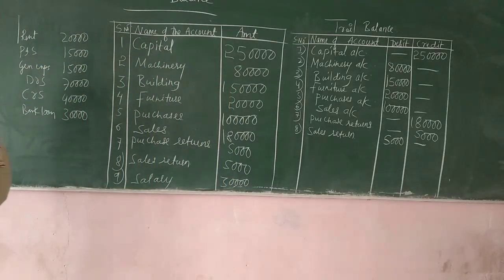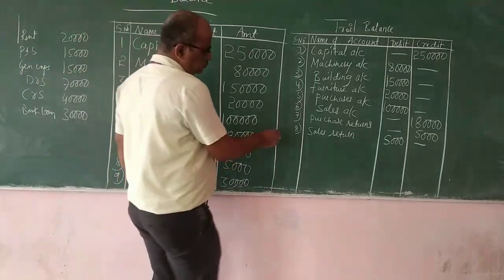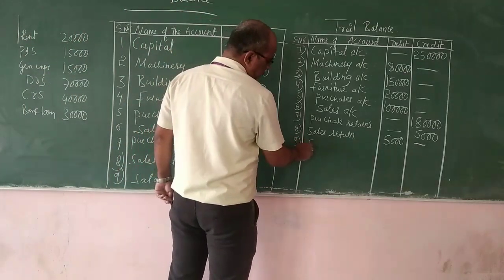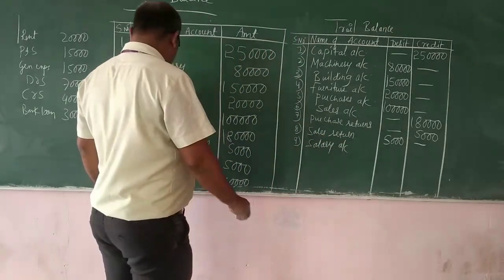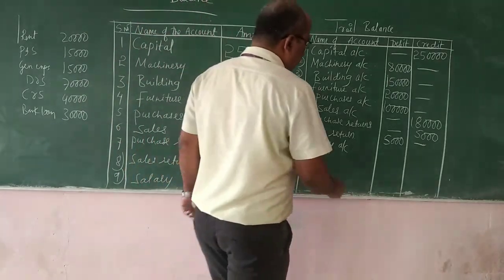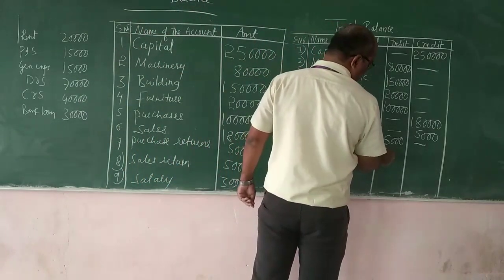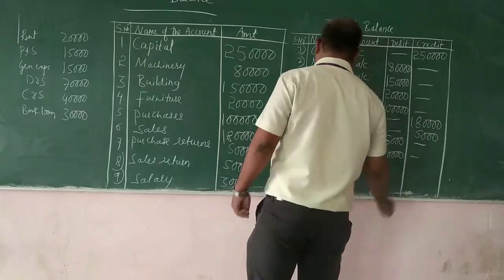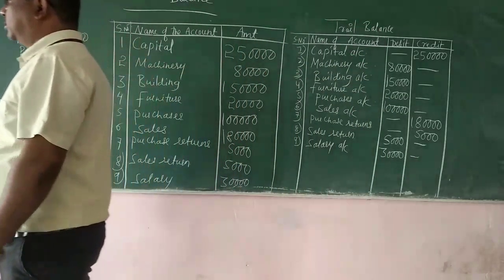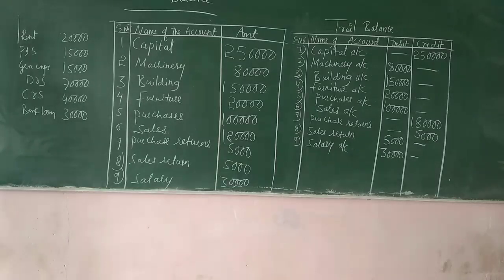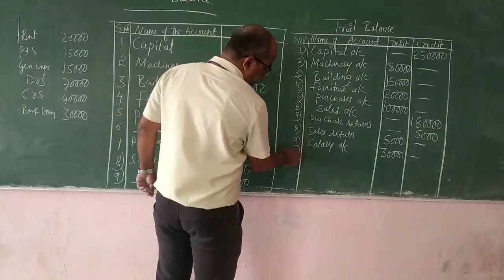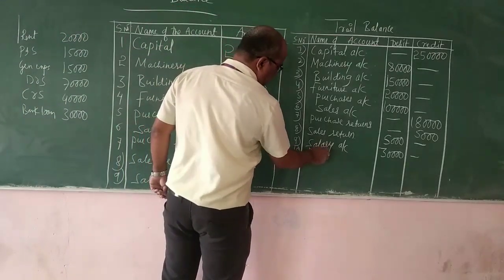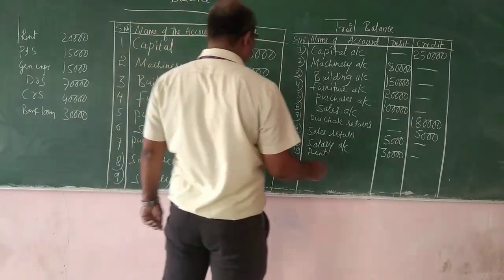Next, salary. Salary is an expense, so it is recorded on the debit side. Next is rent. Rent is an expense, recorded on the debit side.